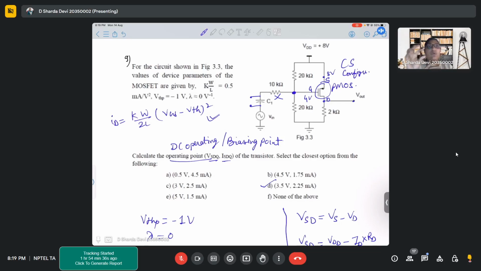So when it is said that you have to find the operating point, operating point basically means the DC voltages and currents. So for that you have to perform DC analysis. For DC analysis, you will put your AC sources to short or ground and you will only use your DC sources. Now, when it is asked what is the signal output, what is the amplification, what is the gain, that is for the AC signal that you give at the input.